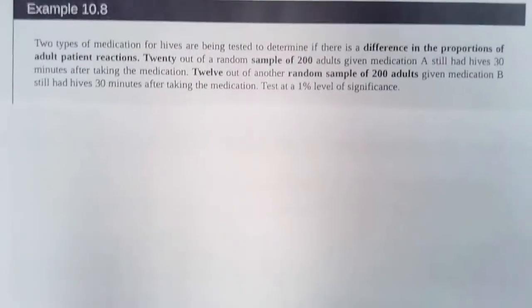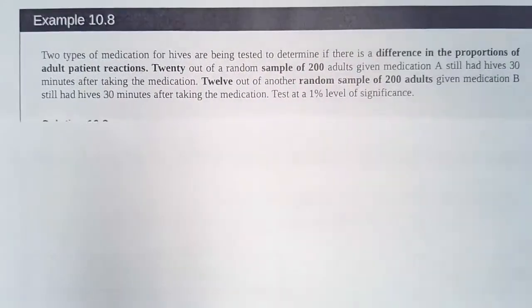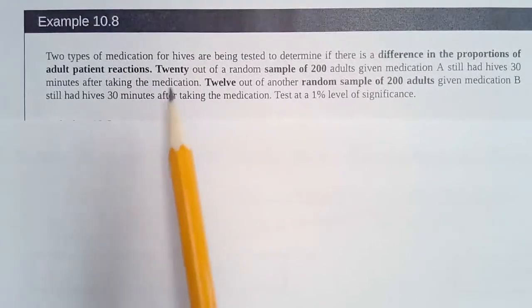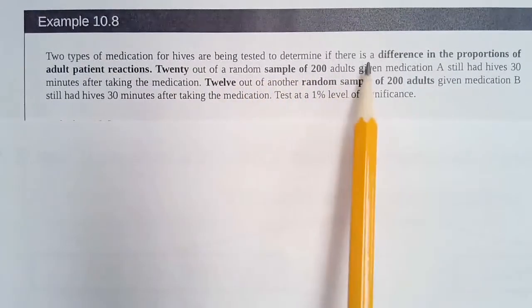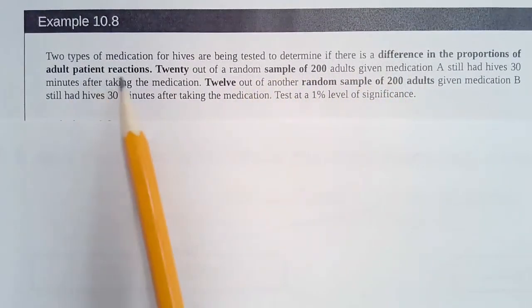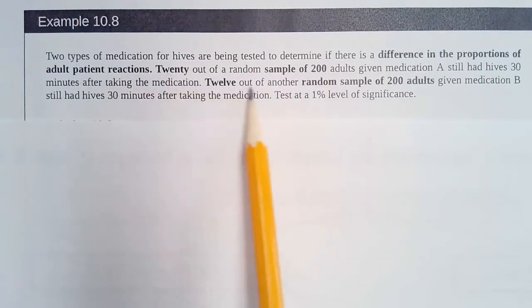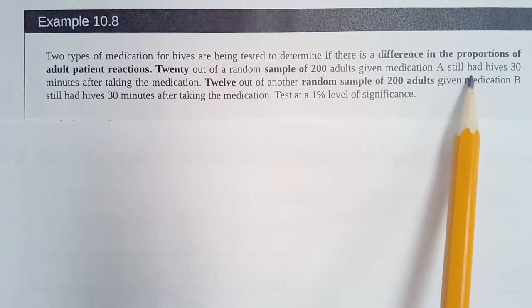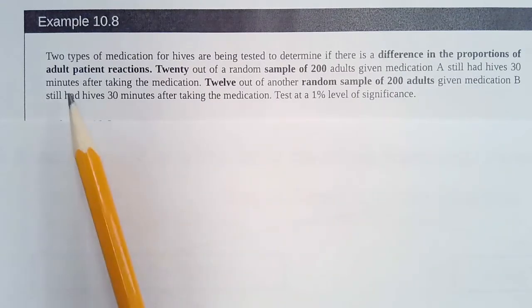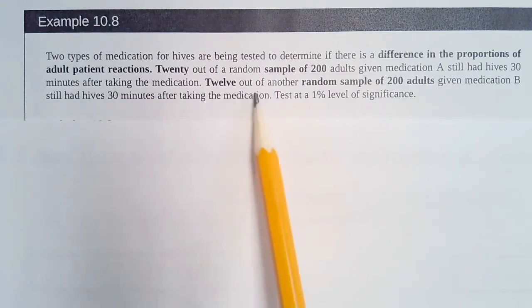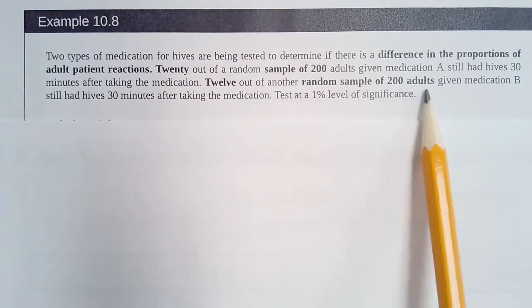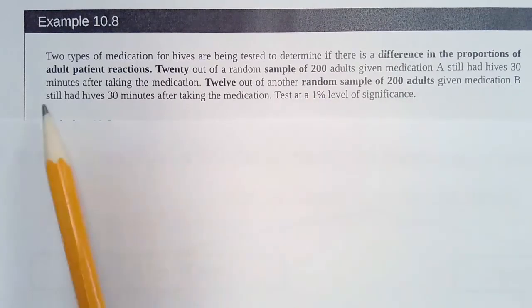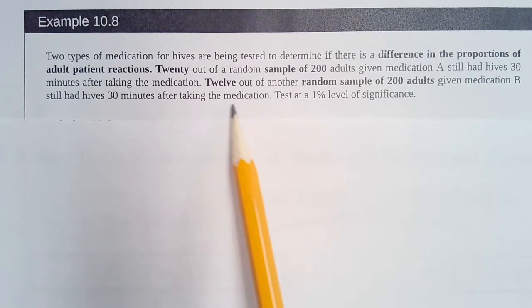All right, so example 10.8: two types of medications for hives are being tested to determine if there's a difference in the proportion of adult patient reactions. 20 out of a sample of 200 adults given medication A still had hives after 30 minutes. 12 out of another sample of 200 given medication B still had hives after taking the medication.